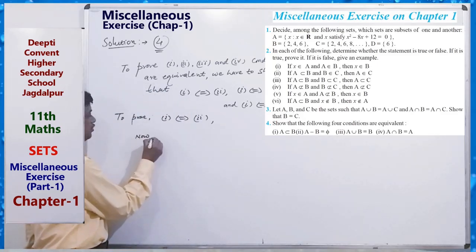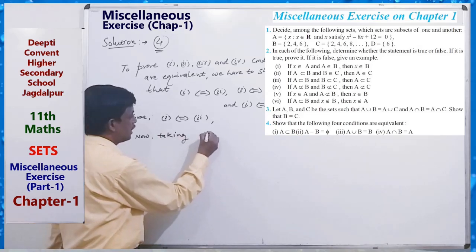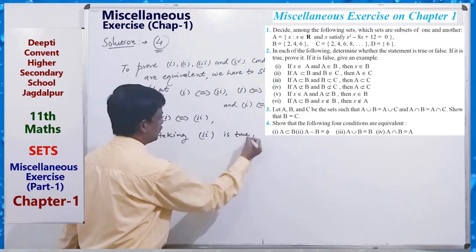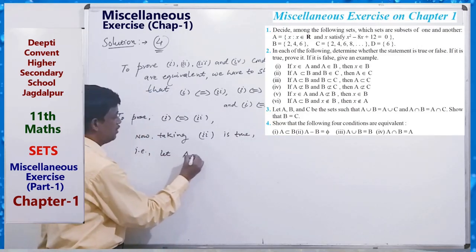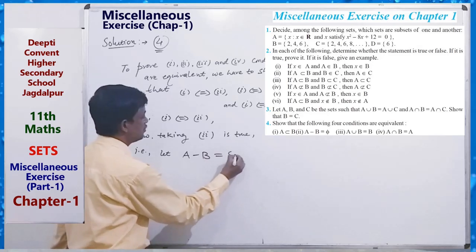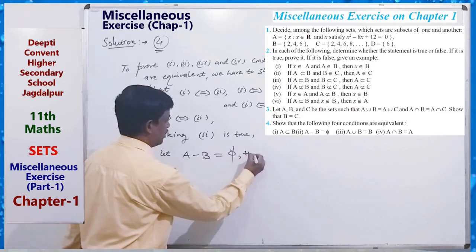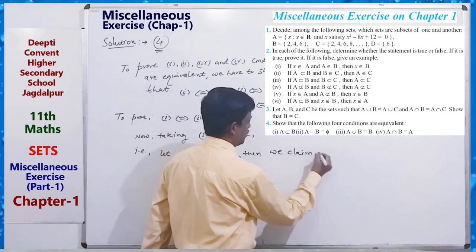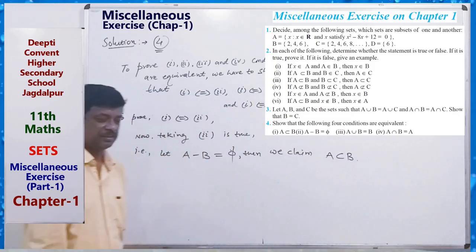Now, taking second is true, that is, let A minus B equals to phi. Then we claim A subset B. Claim means we have to show that.